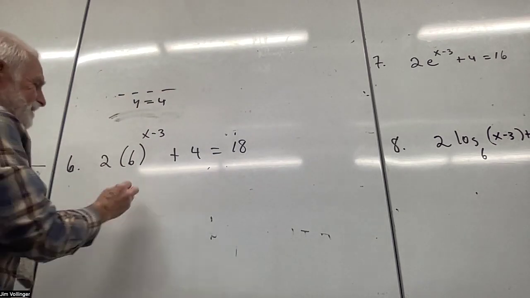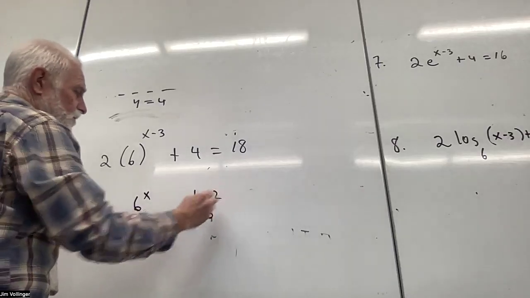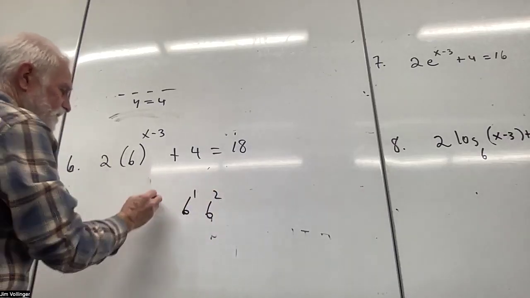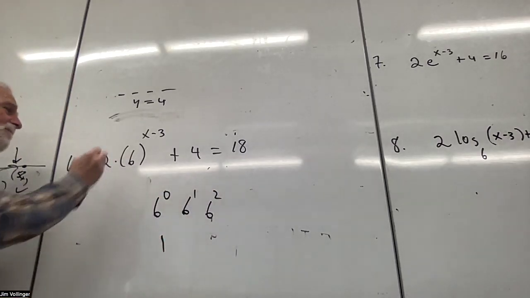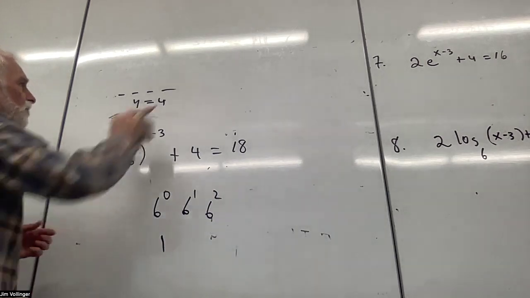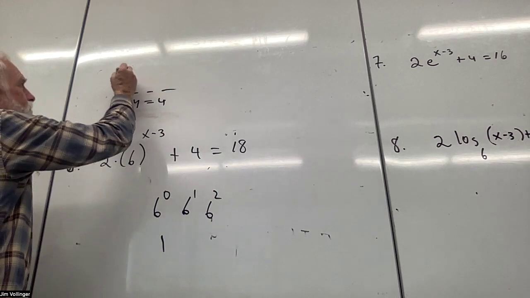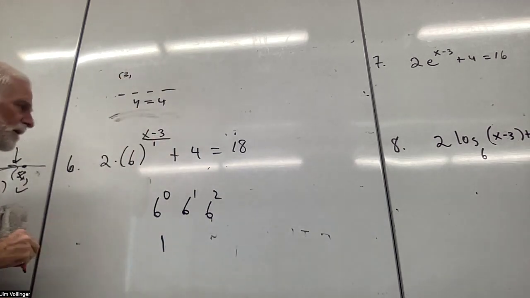So what are the easiest 6 to the x's that I can do? I think 6 to the 1, 6 to the 2, but I am a very big fan of 6 to the 0 because that makes the number 1, and then we have some multiplication. So what makes this thing 0? 3. So to me, it's highlighting that, and we're changing by 1, by the way.